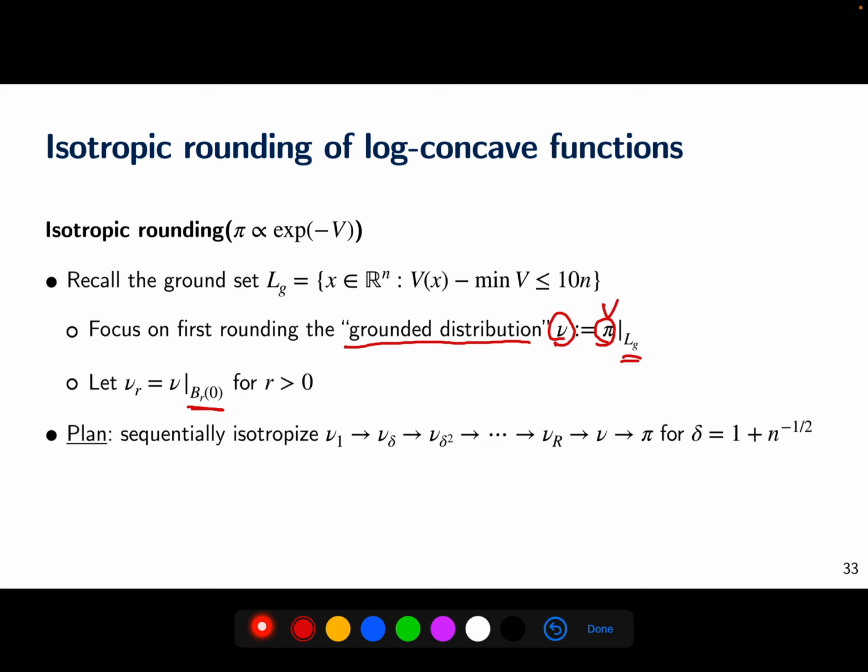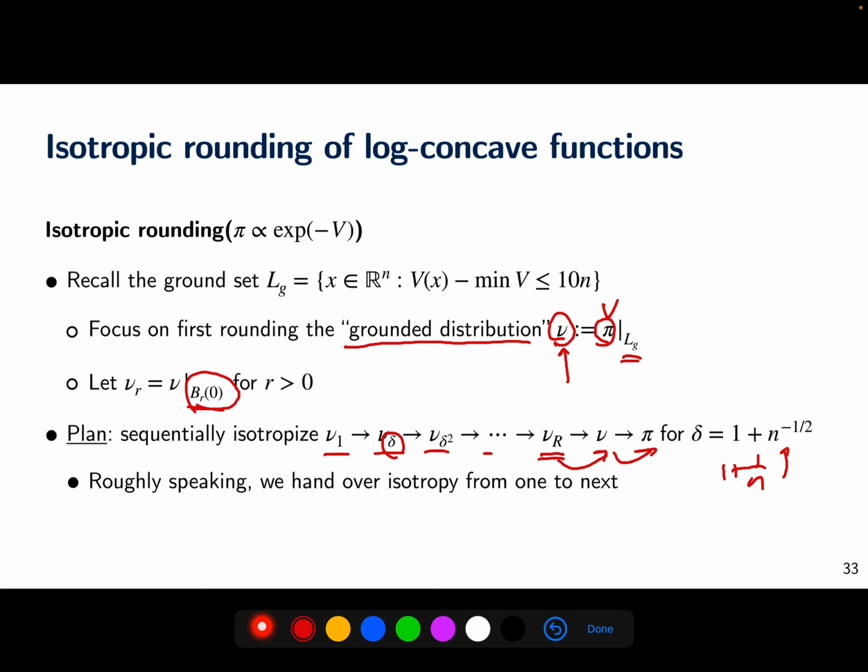And here is our plan. We sequentially isotropize this sequence of distributions. You start from nu 1, and then you increase the truncation ball to r, to ensure you include most of your ground distribution nu. And then you go from nu r to nu, the ground distribution, and then finally go from nu to phi, your target. And here the rate of this update is 1 plus 1 over n.